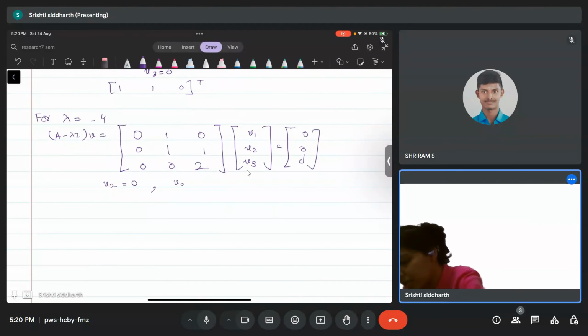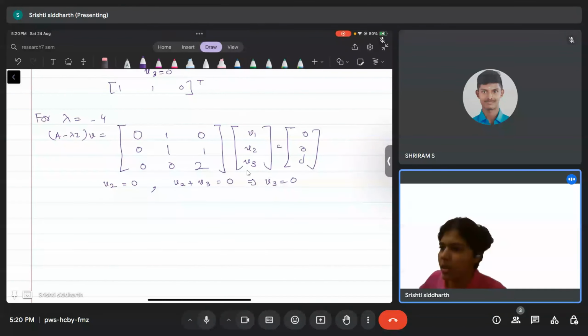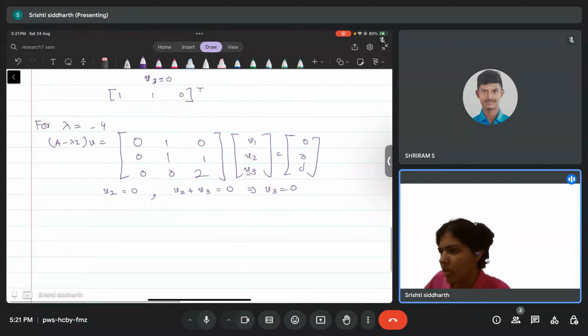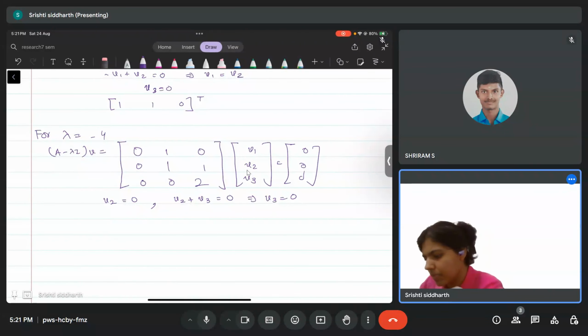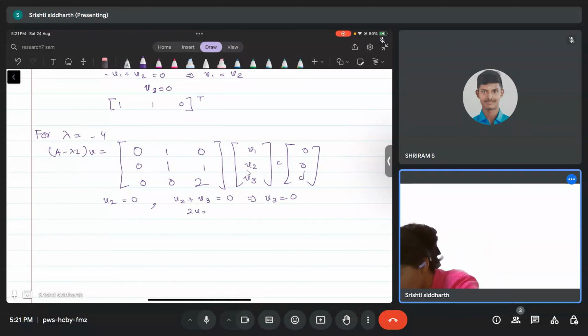The second equation is V2 plus V3 is 0, so this implies that V3 is 0. And the last equation is 2V3 equals 0, which is the same as this one.